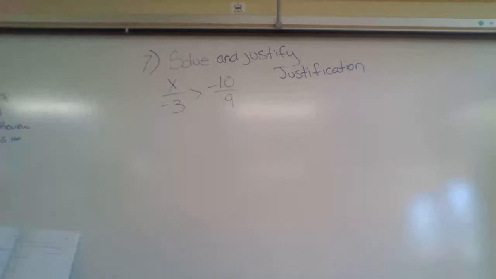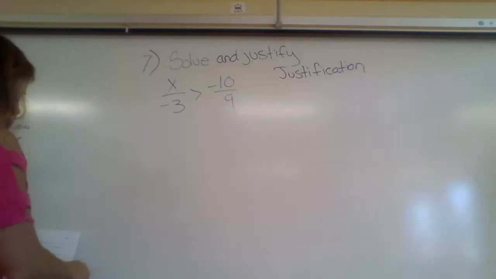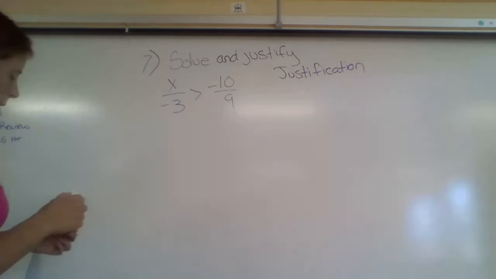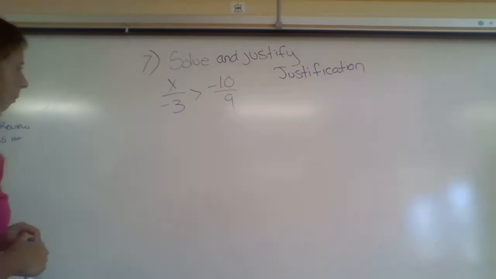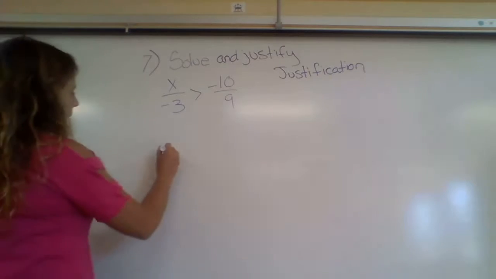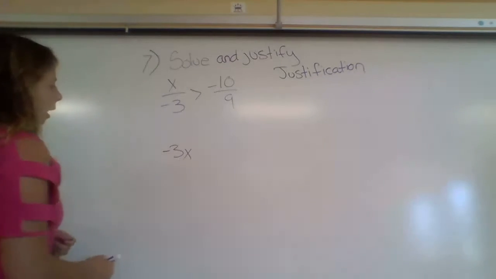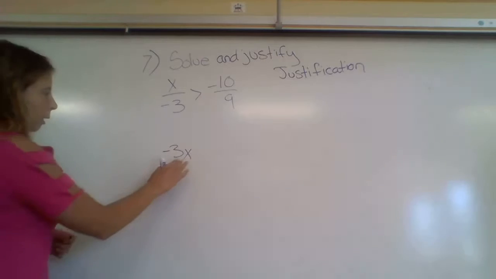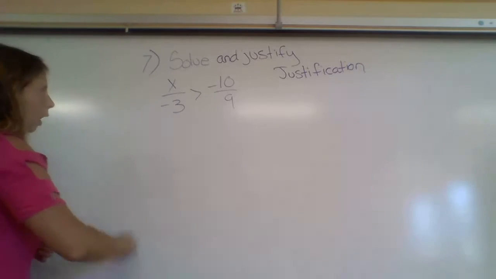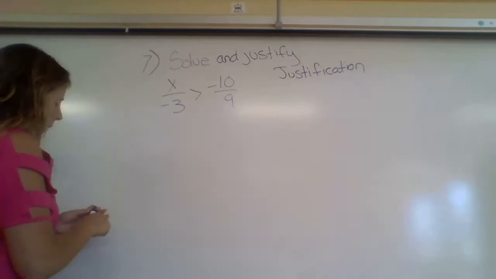All right, number 7. x over negative 3 is greater than negative 10 over 9. So we're going to solve for x. This time, usually we're multiplying, like negative 3x, and to break this apart we would do the opposite, which is divide by negative 3. This time, they're dividing, so we have to do the opposite, which is multiply.